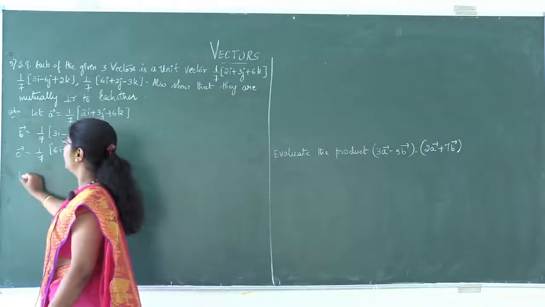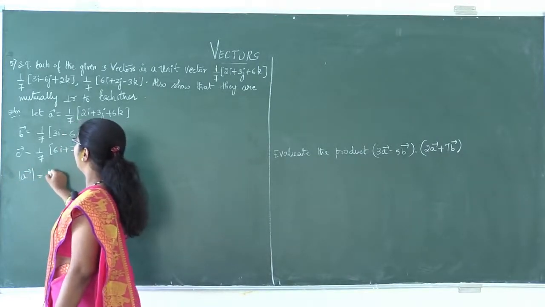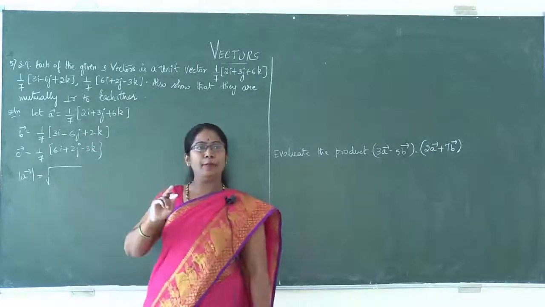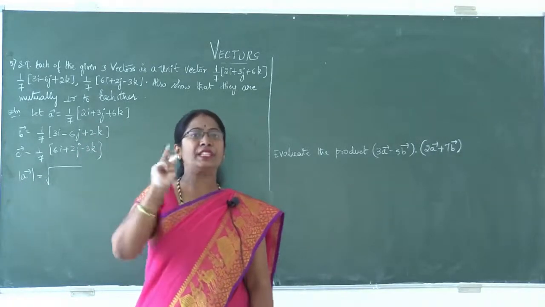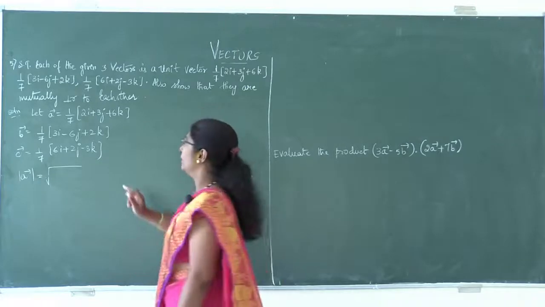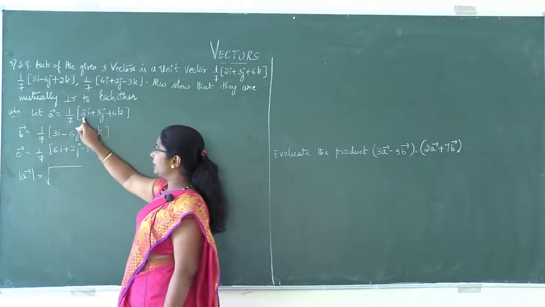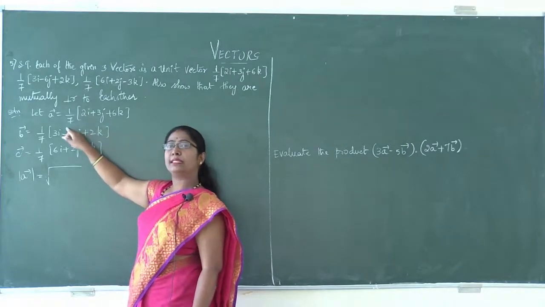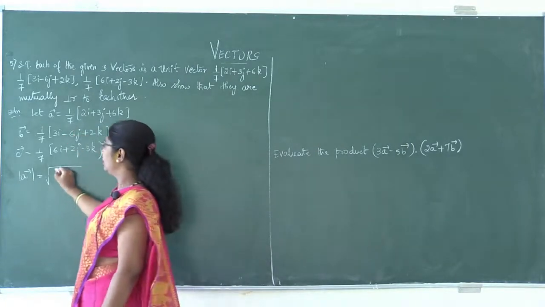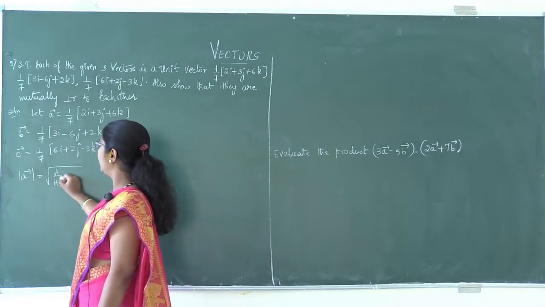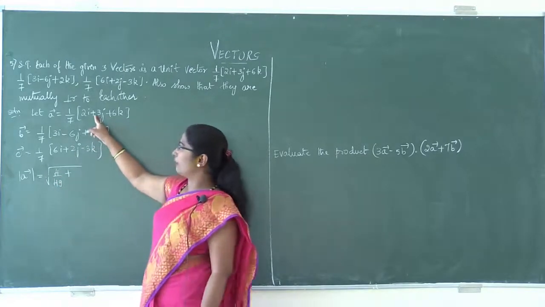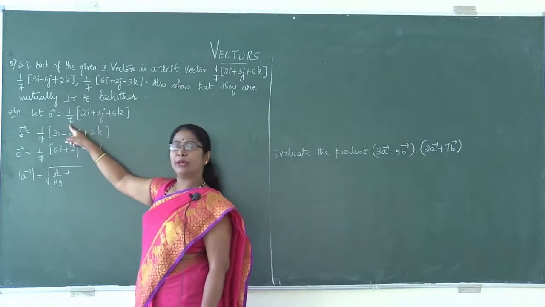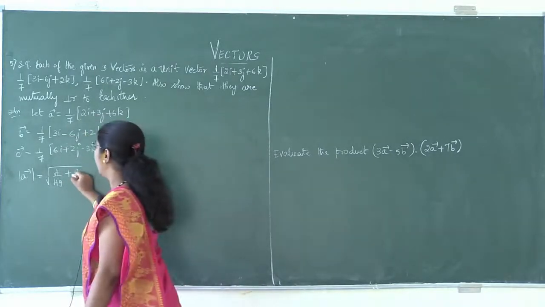Now consider magnitude of vector A. How do you find the magnitude? Square root of the sum of the squares of the coefficients of i, j, and k terms. So what is 2 square here? This can be written as 2i by 7. What is 2 square? 4. And what is 7 square? 49. So this will be 4 by 49 plus, what is the coefficient of j here? 3. 3 square is 9. 3 by 7 when you square, it will be 9 by 49.